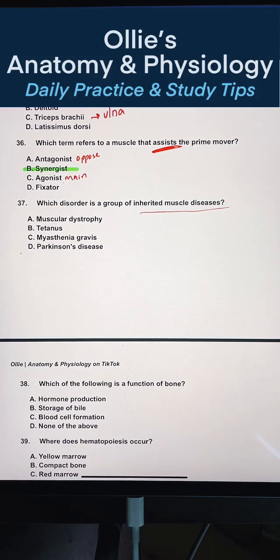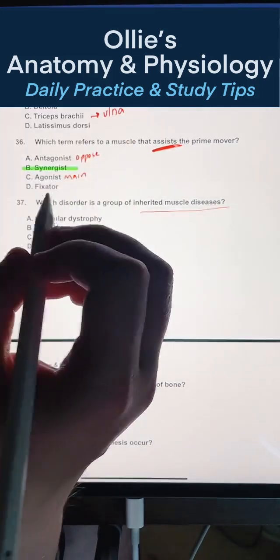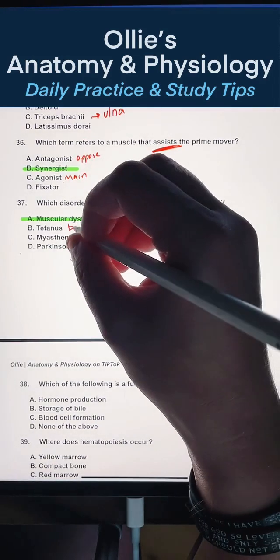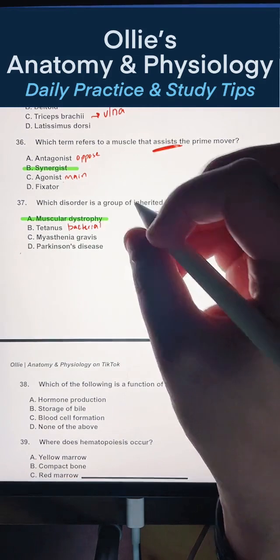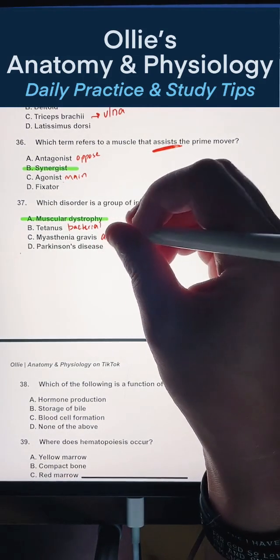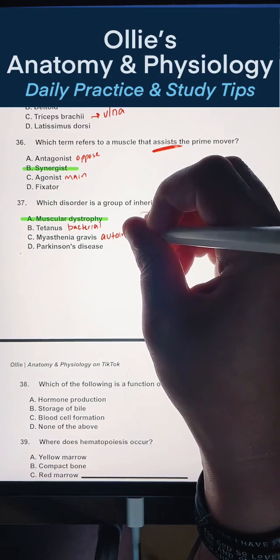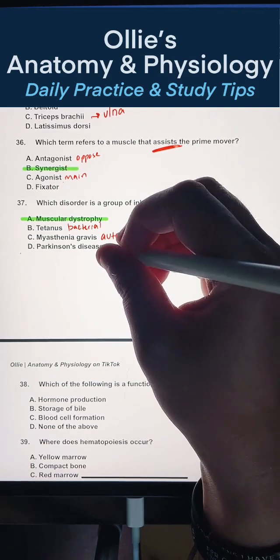Number 37, the answer is A. It is muscular dystrophy. These are genetic disorders that cause a progressive muscle weakness. Tetanus is mostly bacterial. Myasthenia gravis is autoimmune. And Parkinson's is neurological.